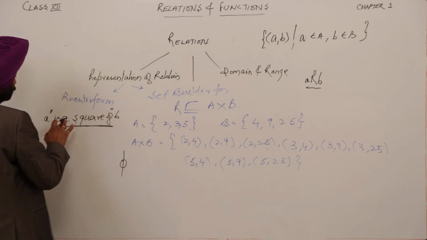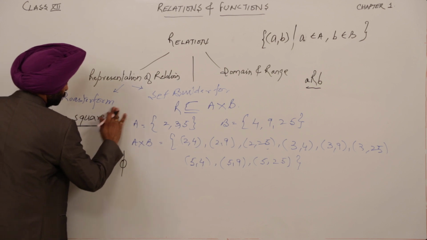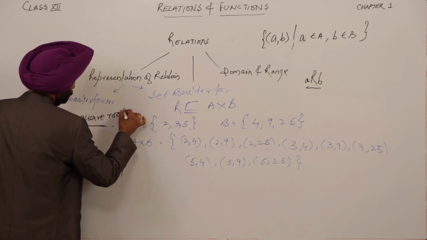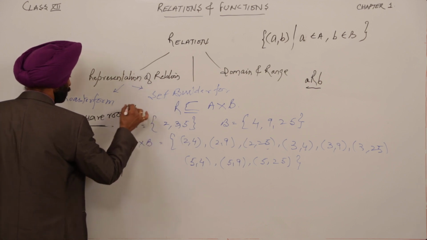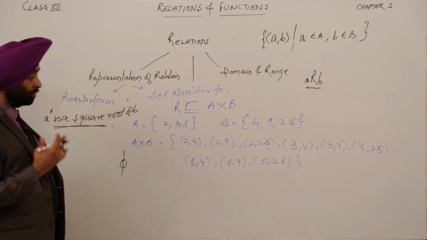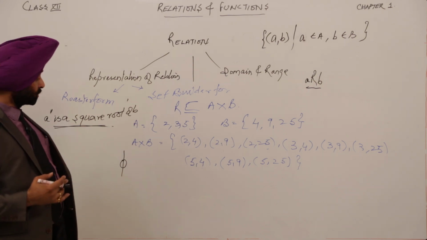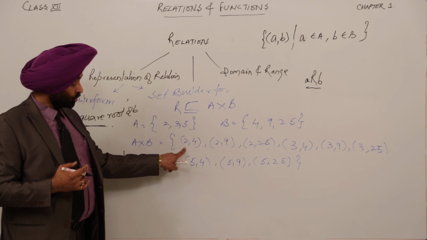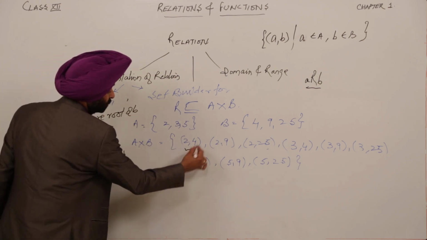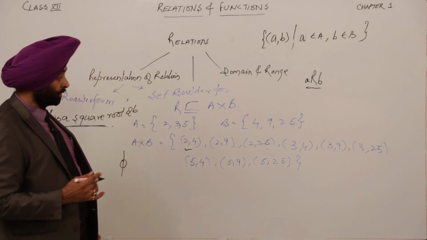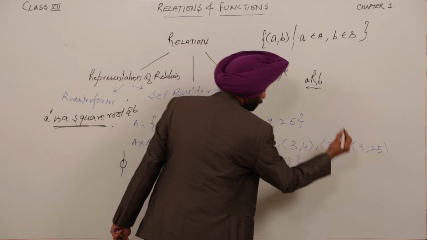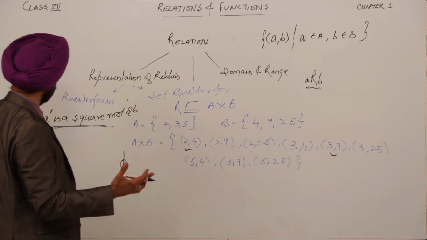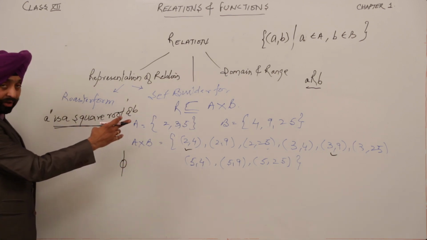Now let's change it: A is a square root of B. Can you guess now? The square root of 4 is 2, so we can say A is a square root of B. This is possible. Now (3, 9): 3 is the square root of 9. What is A? From that ordered pair, A is 3.